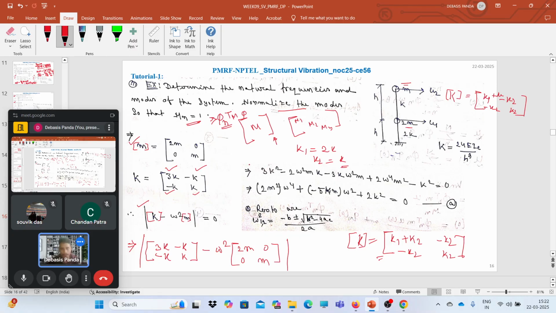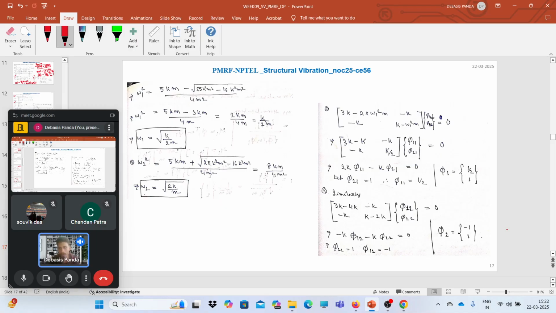So here are the calculations, and once you have solved this, you will find two roots of omega square, omega 1 square and omega 2 square.